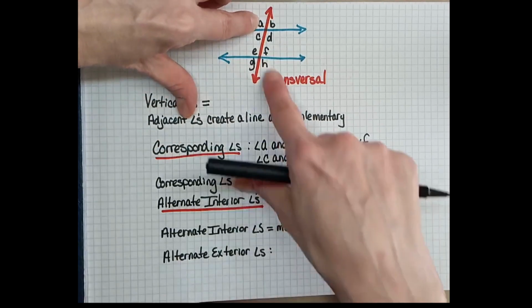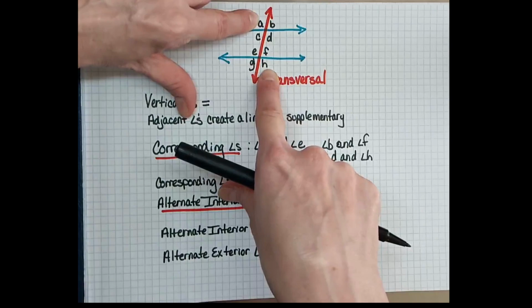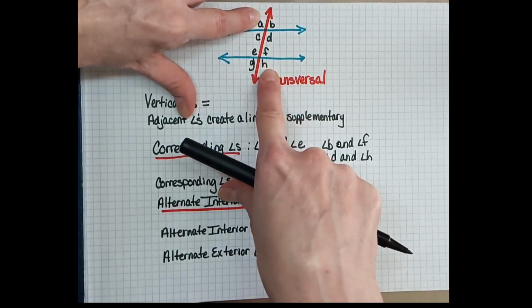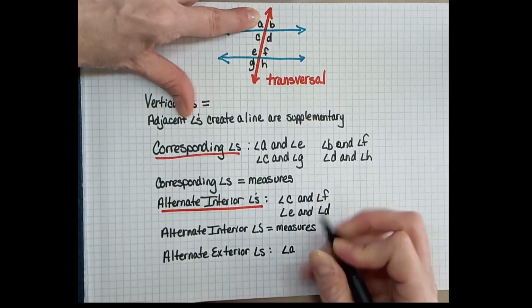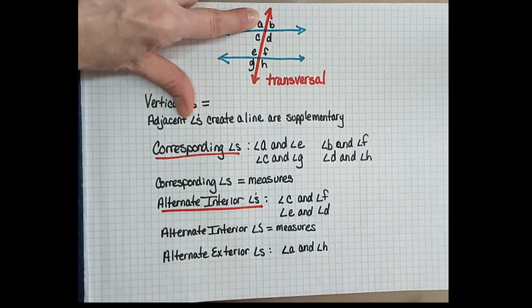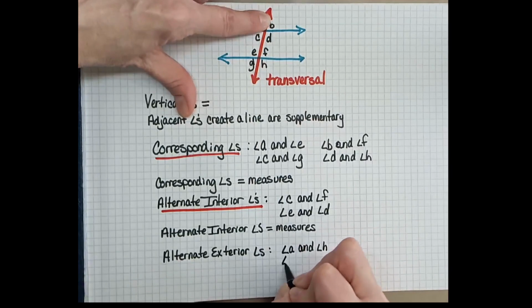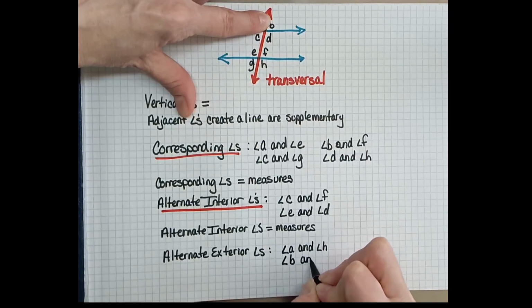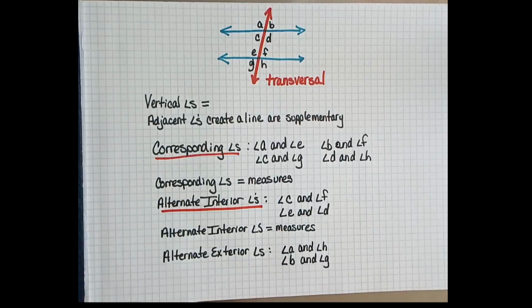Well, outside of the blue lines we have G, H, A, and B. A and H are alternating on either side of the transversal. So angle A and angle H are alternate exterior angles, and angle B and angle G are also alternate exterior angles.